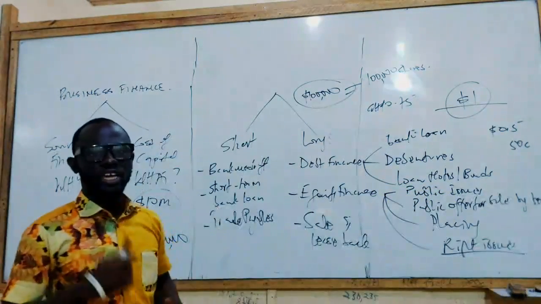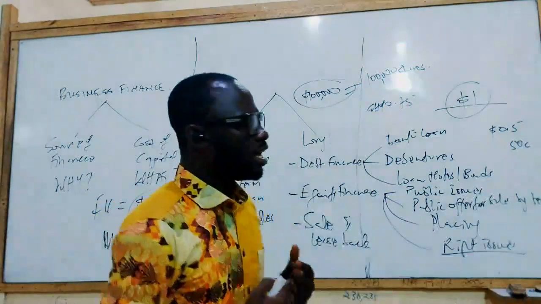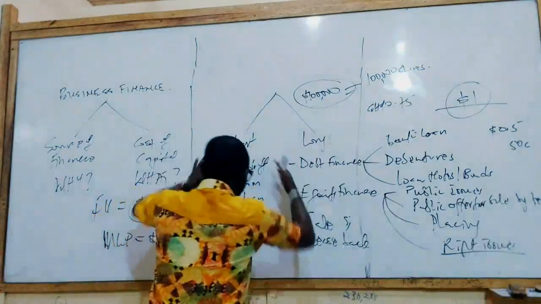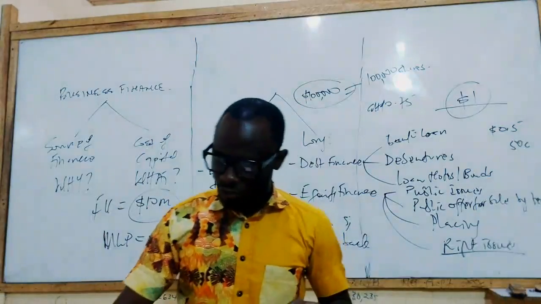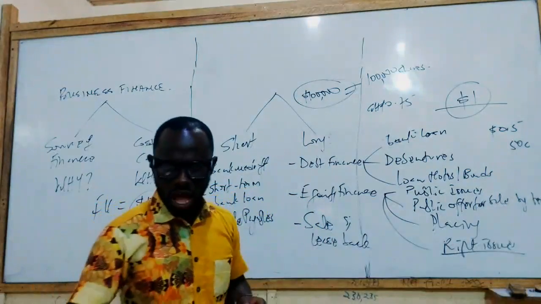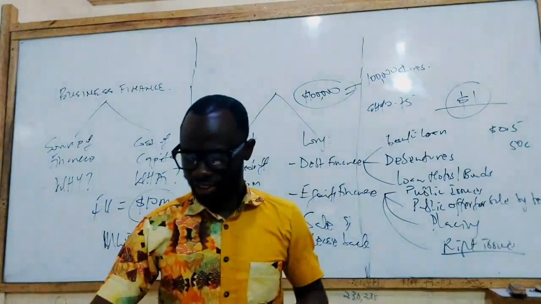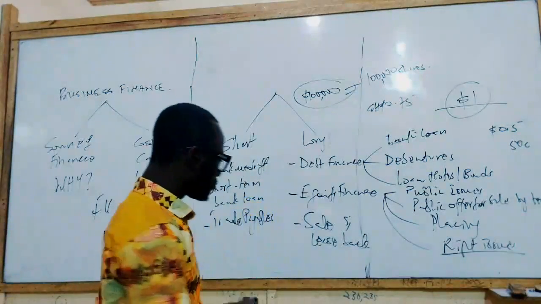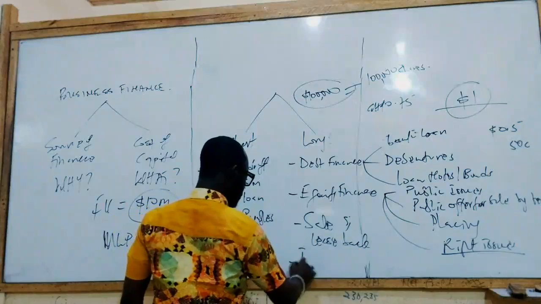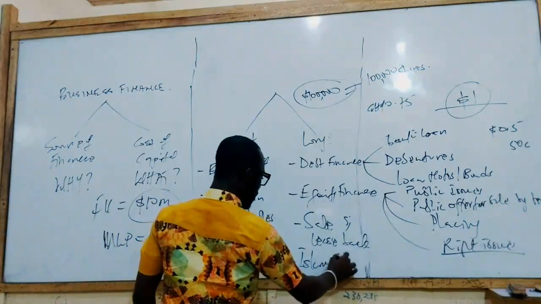Then, still with the issue about finance, in addition to looking at these traditional sources of finance, there is another source of finance that is referred to as Islamic finance.